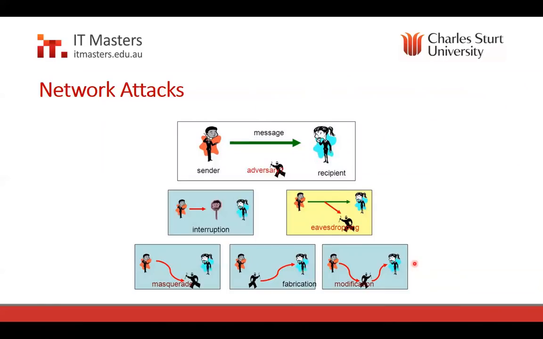So you can see it's reasonably straightforward when you look at it as a diagram, but it can be quite complex and quite difficult to detect, quite difficult to stop in some cases. You've got to link it back to those technology, configuration, policy, and human weaknesses that we talked about last week.